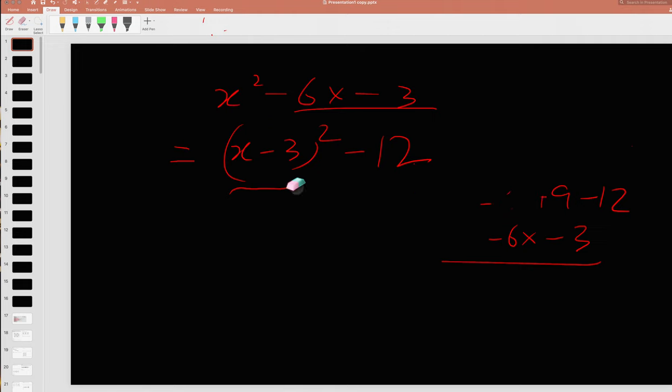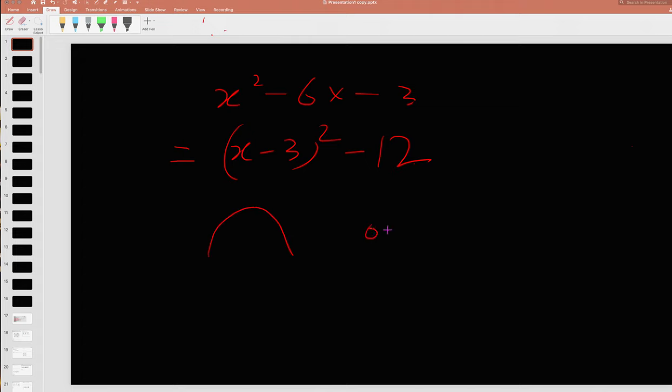So I assume you have done the completing square correctly now. So why is this important? The point is, first things first. You remember just now how we identify whether this is a happy or frown face, right? Which one tells us?